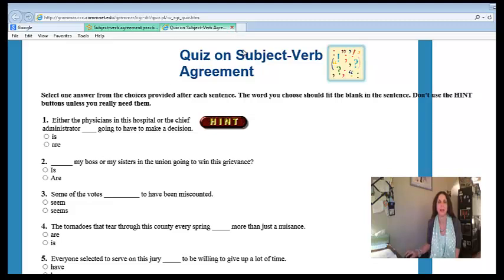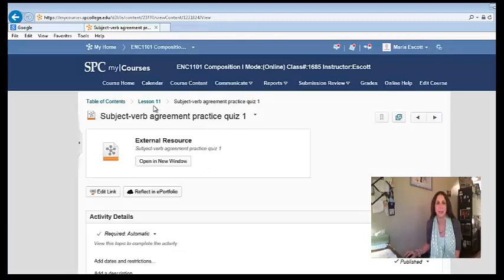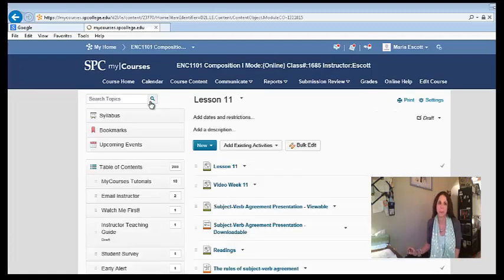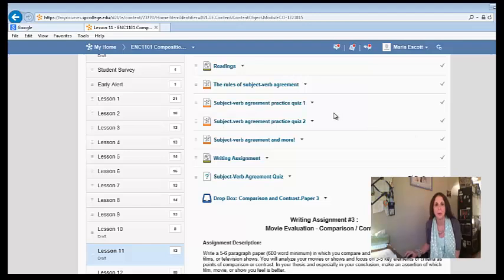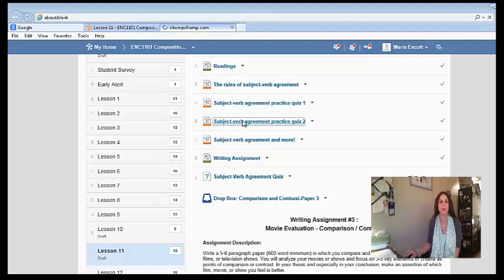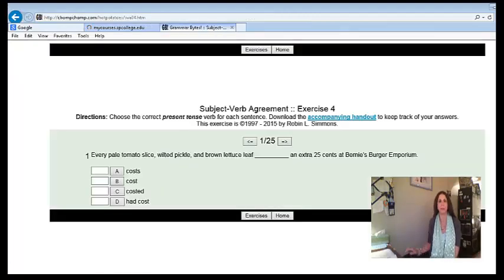And then clicking out of this one, the second one is from Chomp Chomp, which I'll show you in a minute. Scrolling down. It's so slow to scroll down. Okay, practice 2 is right here. And there you go. You're going to scroll through this. There's 25, and you're going to click and work through those, okay?